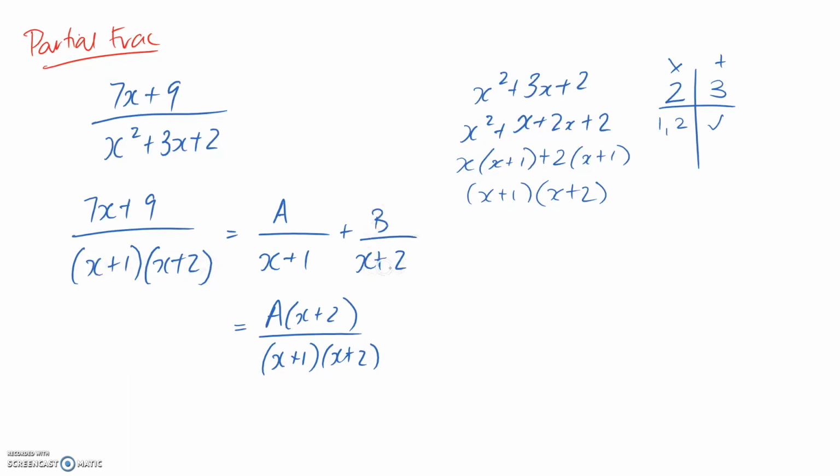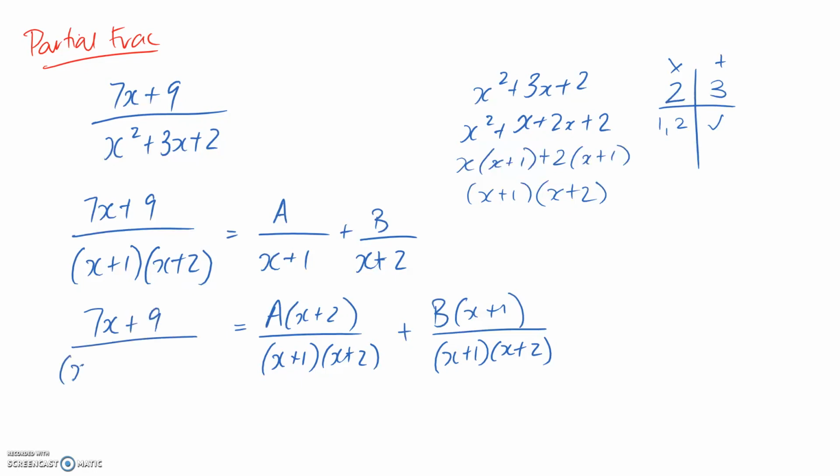And then if I multiply this fraction by x plus 1 over x plus 1, again I've got the same denominator now on the bottom line. Since I'm multiplying by x plus 1 over x plus 1, that cancels out, so it's the same as multiplying by 1. So the equation hasn't changed.